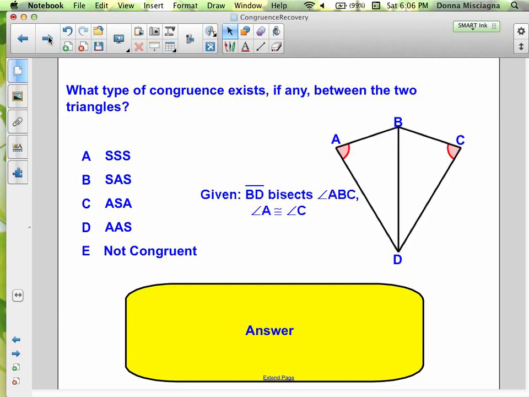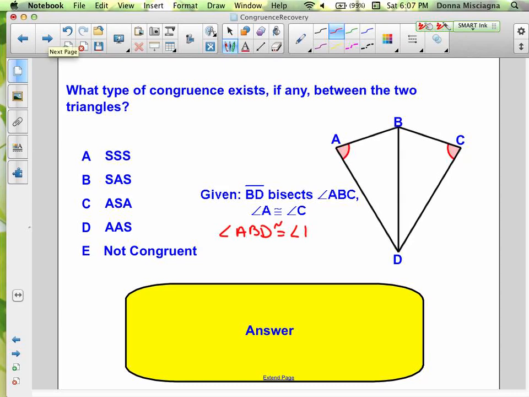We have some information that's already marked: angle A is congruent to angle C. If BD bisects angle ABC, that means angle ABD is congruent to angle CBD, because an angle bisector divides an angle into two congruent angles. So this angle is congruent to this angle.